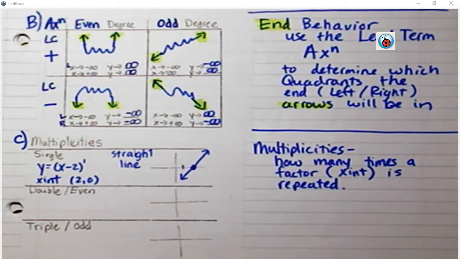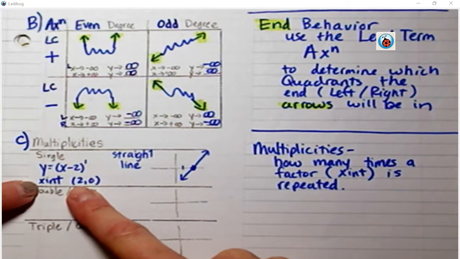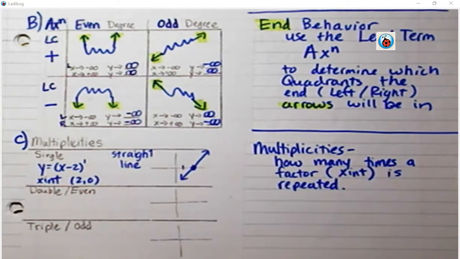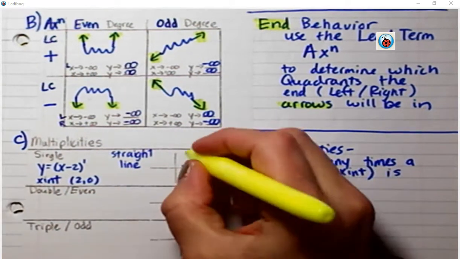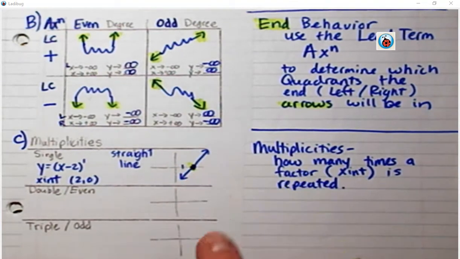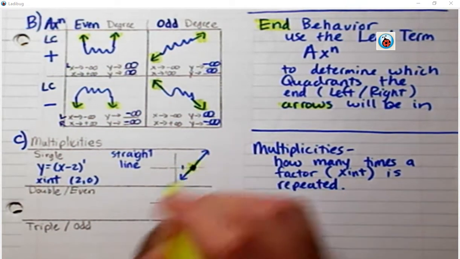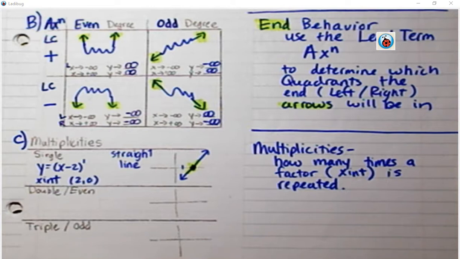Graphically, that's what it looks like. At the x-intercept, it looks like a straight line. Right there. Straight line. You're like, okay, seems okay.